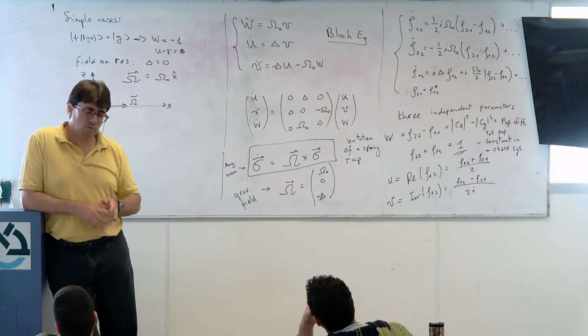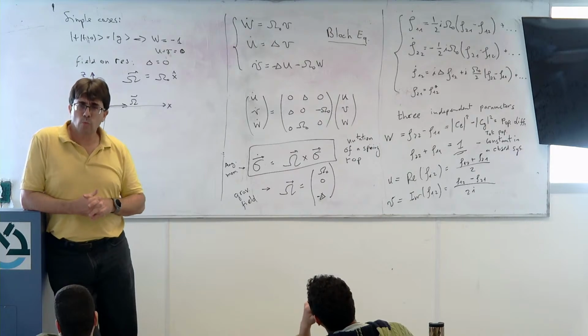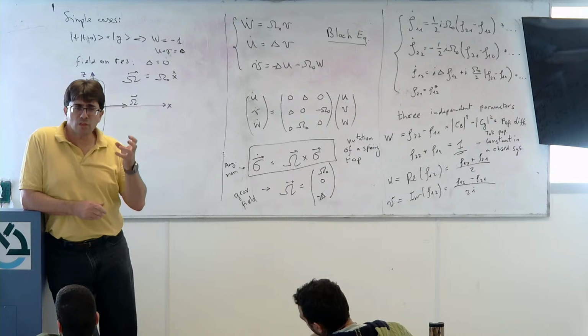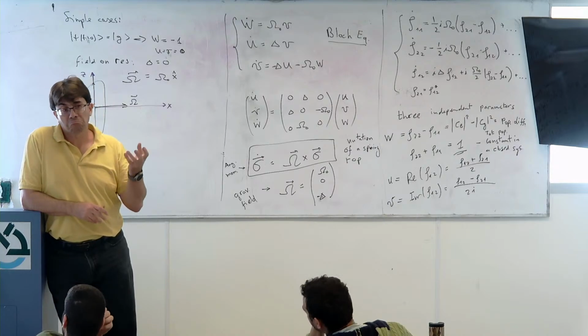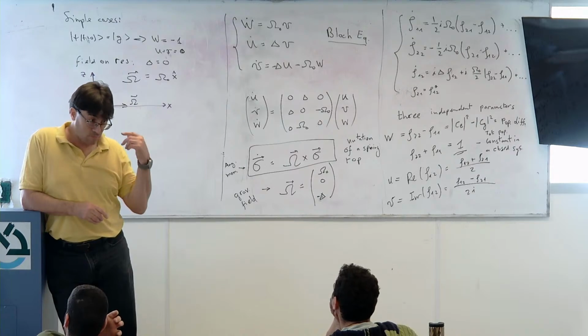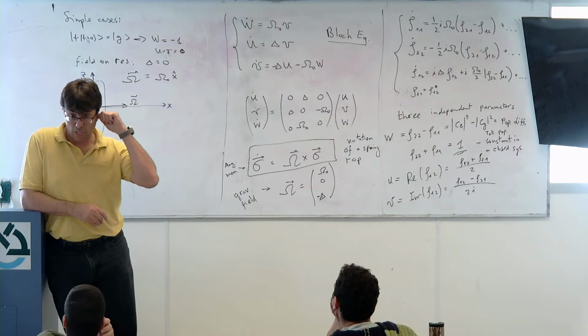You can calculate the frequency, it's about 400 terahertz. Now the point is, what is the width of the transition? The width of the transition, including Doppler, is about half a gigahertz. So that's 6 orders of magnitude down.